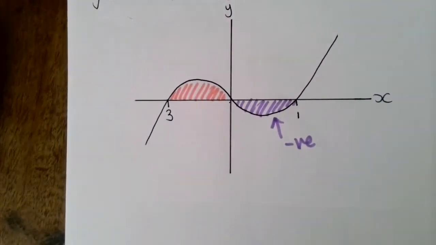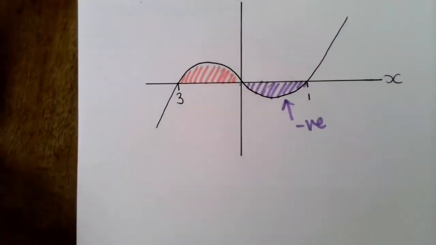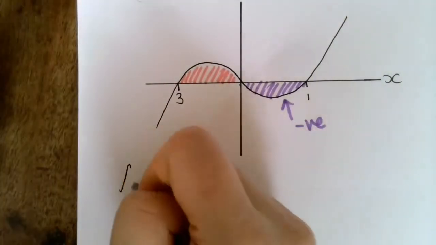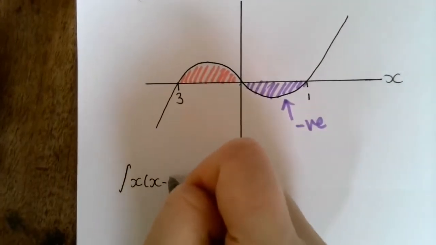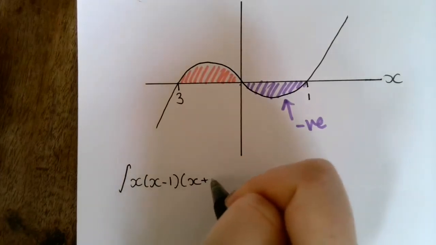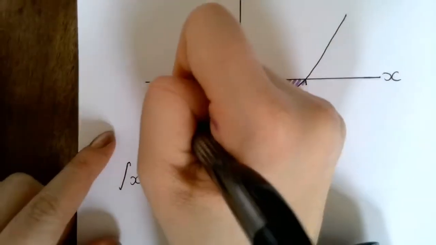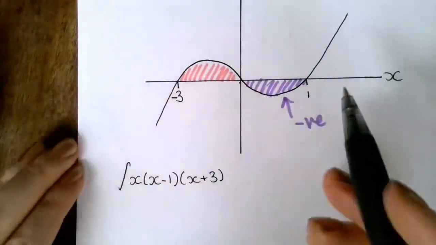So what we're going to do is split up our integration. First of all, we're going to integrate our curve between the values negative 3 and 0.